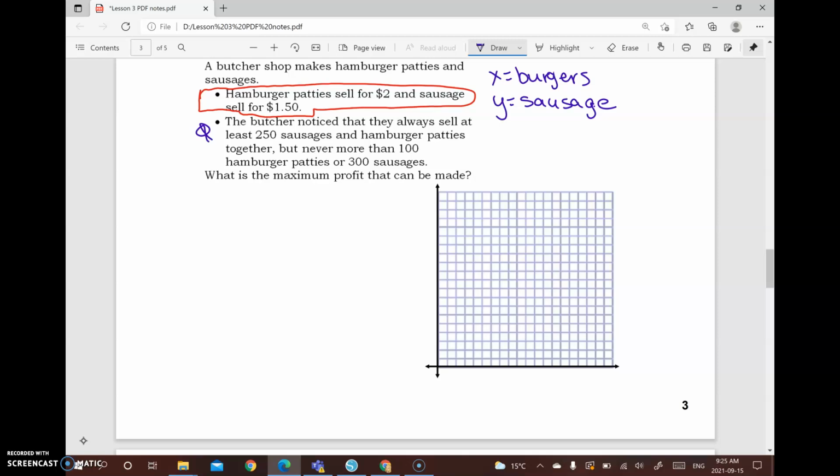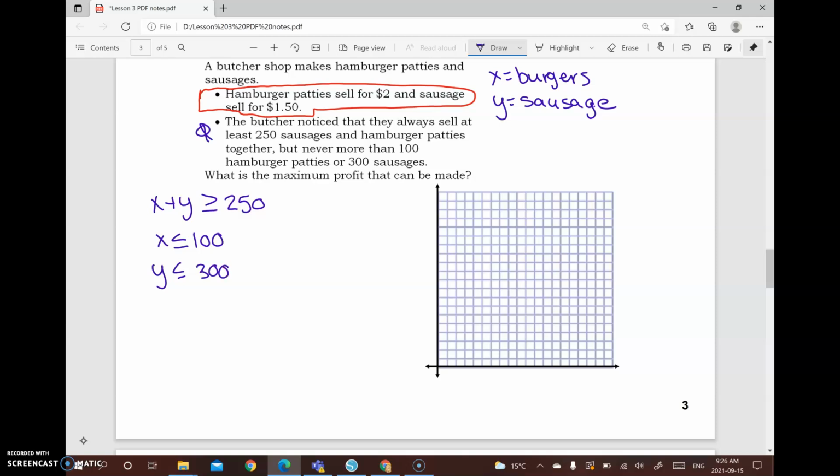So the first one says that together, the butcher always sells at least 250 sausages and hamburger patties. So I can represent that as X plus Y, burgers and sausages, will be greater than or equal to 250. But never more than 100 hamburgers, so X will be less than or equal to 100. And Y will be less than or equal to 300. So never more than 300 sausages.